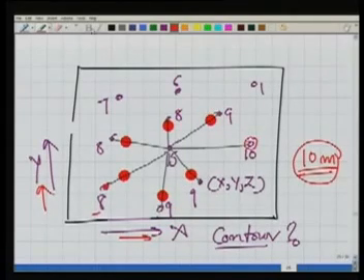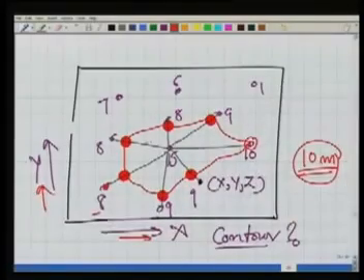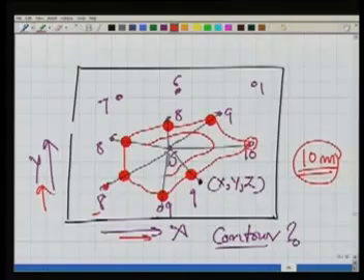So what we can do now, once we have located all of these, I can simply join them by a freehand curve. So we are able to generate a contour of 10 meter. If we are interested to generate a contour of, let us say, 12 meter, the same thing can be done. I can locate the points which are 12 meter everywhere.